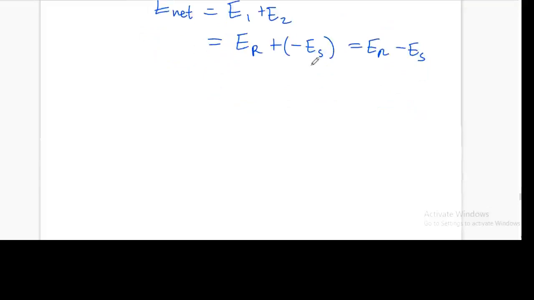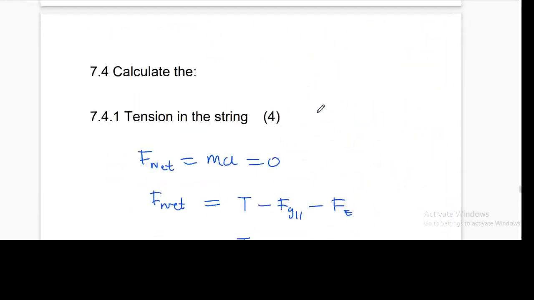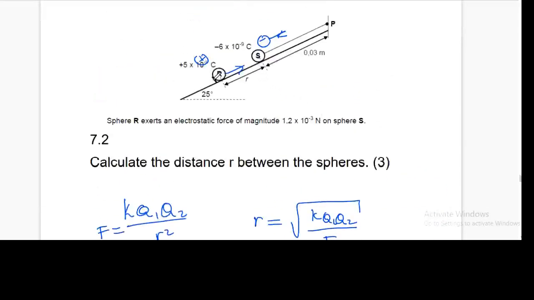Let me go ahead and calculate that. First of all, I have to calculate ER. So ER is given by kQR divided by r squared. What is the distance between P and R? It is this R that we calculated plus 0.03.